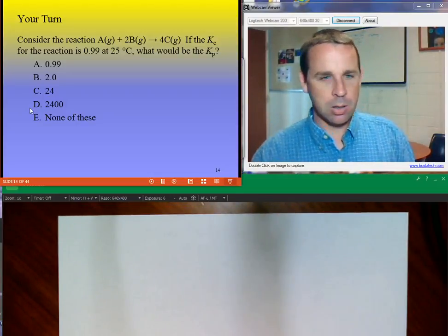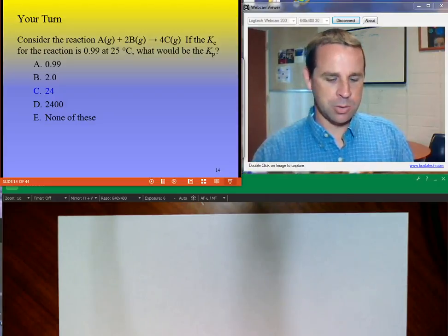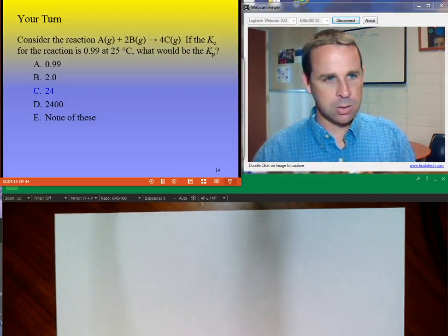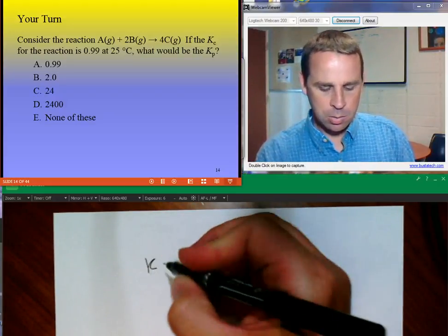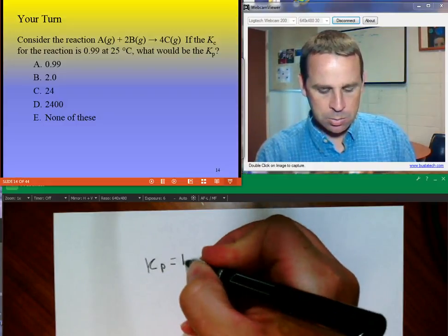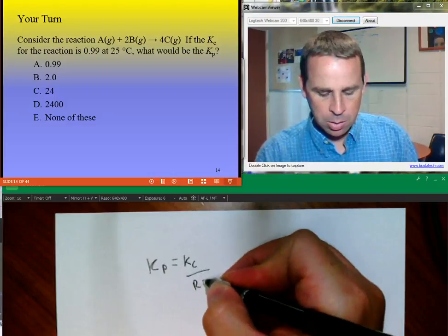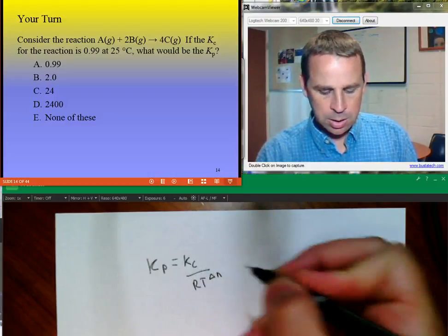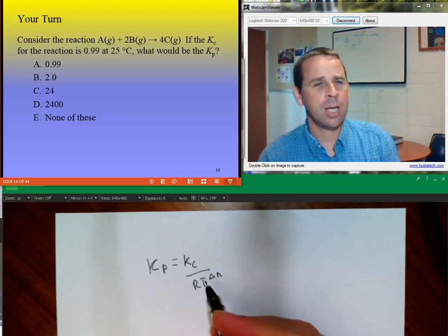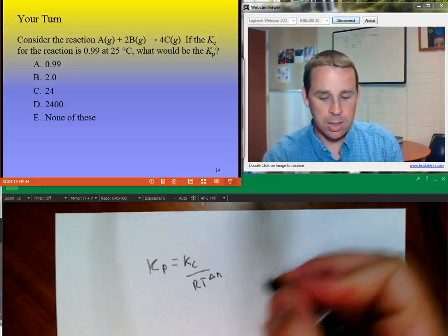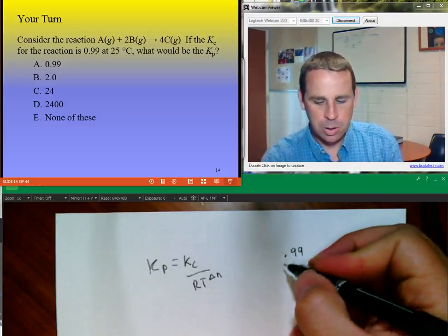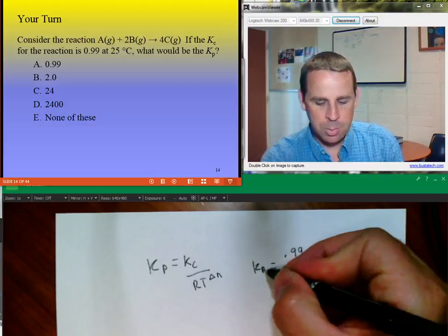Again, our Kp equals Kc divided by RT raised to the delta N. All right, they told us that Kc here was 0.99. We're trying to solve for our Kp.